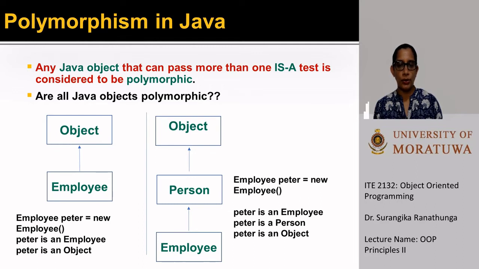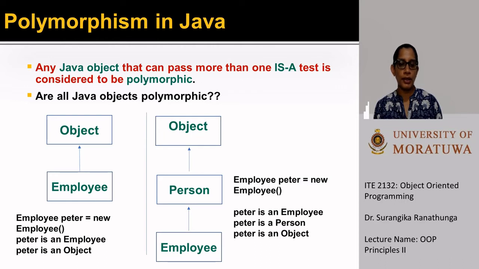As I told you in a previous lecture, every class, even though we don't specify it, extends from the superclass Object. That is a superclass for all objects. Now think of the second picture. We have the employee class that extends the person class, which we have specifically defined by saying public class employee extends person, and implicitly person extends the Object superclass.